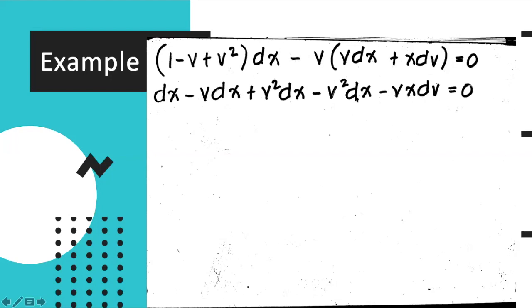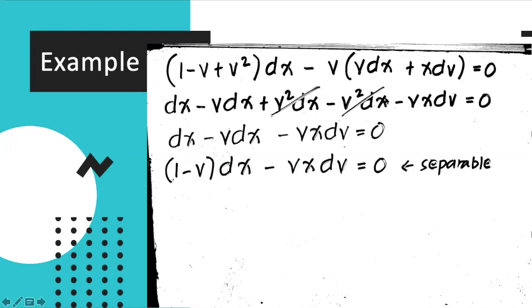So lahat ng coefficients ni dx pagsasamahin mo, kung meron kang makitang similar terms, pwede mong i-cancel na. So here, v squared dx minus v squared dx, we can cancel that, right? Yes, sir. Tada, na-cancel ko na. So here, ang natira is dx minus v dx and minus vx dv equal to 0.